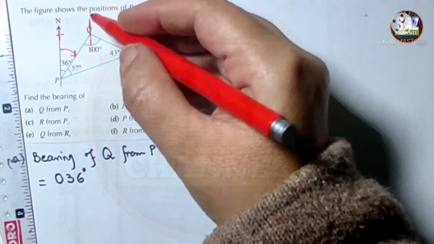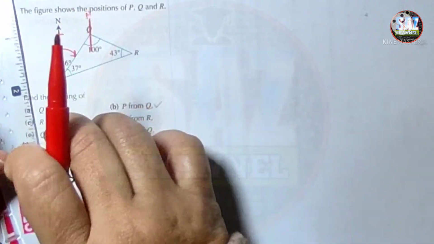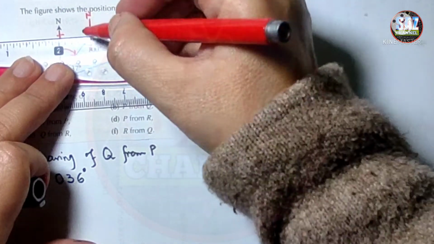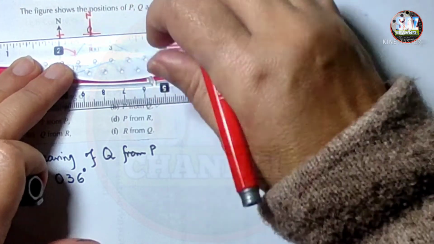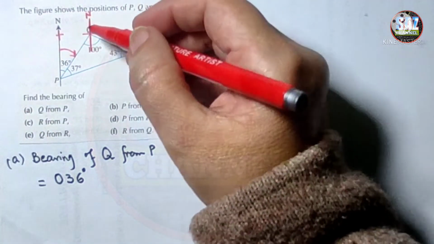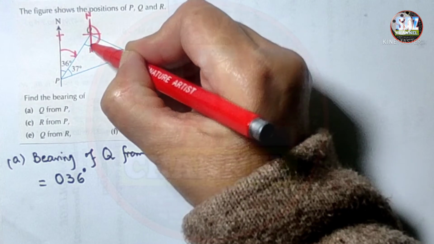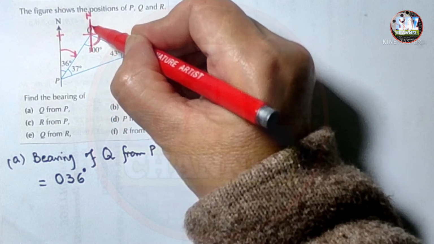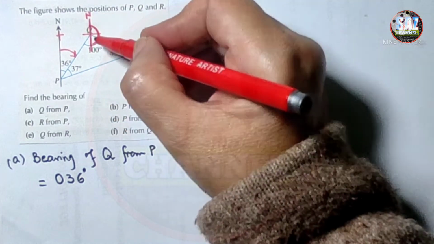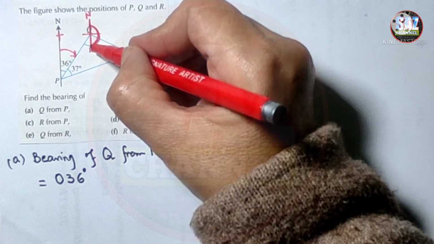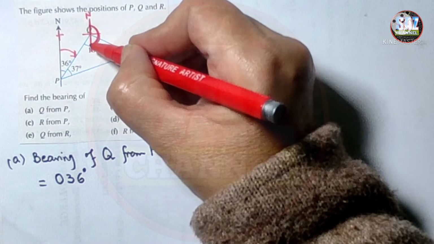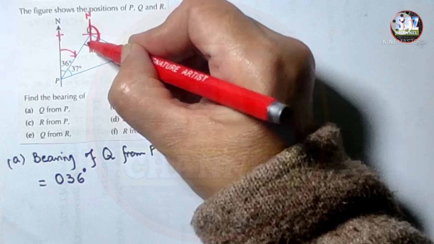This is north, and let me complete the compass at this position. Now we have to start our movement from this place and stop at this point. This is a semicircle, but we do not have to stop at this place. We have to take a little further movement, which is this one.